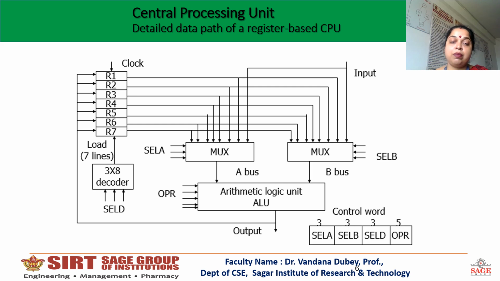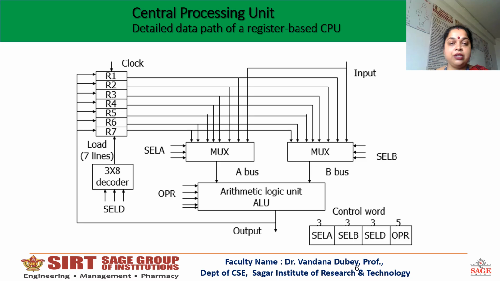Now, the importance of this data path in CPU design is efficient data handling, modular control, high-speed execution, and scalability. This detailed data path representation showcases how a register-based CPU processes instructions efficiently.